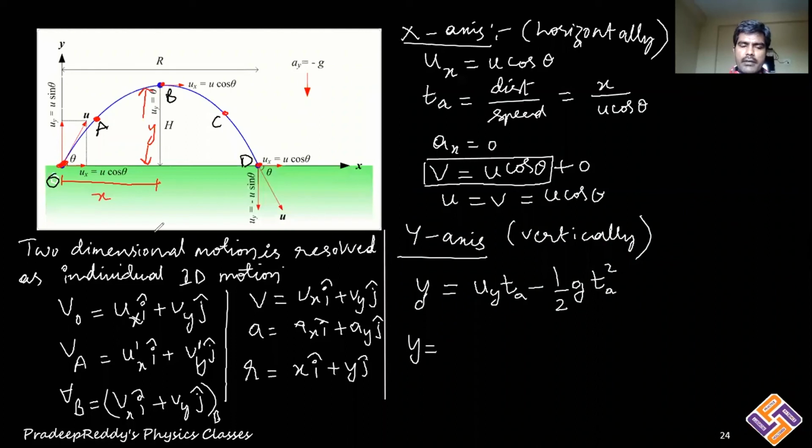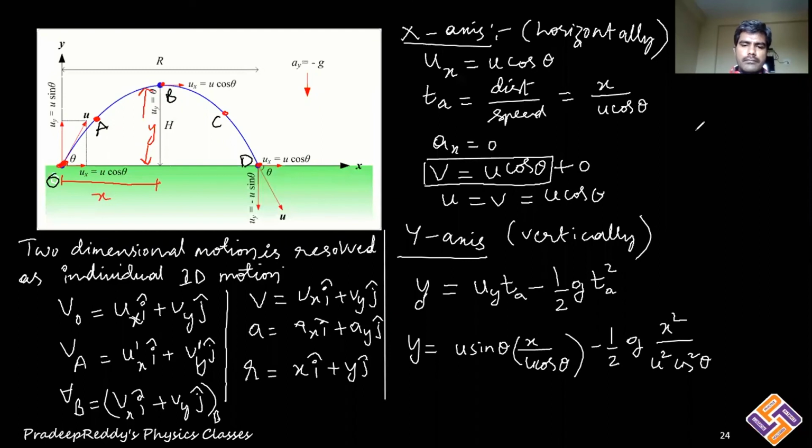Now y is equal to, you can write Vy. What is Vy? Velocity along the y-axis, that is u sine theta into time of ascent, x divided by u cos theta, minus half g into time of ascent squared, which is x square divided by u square cos square theta.